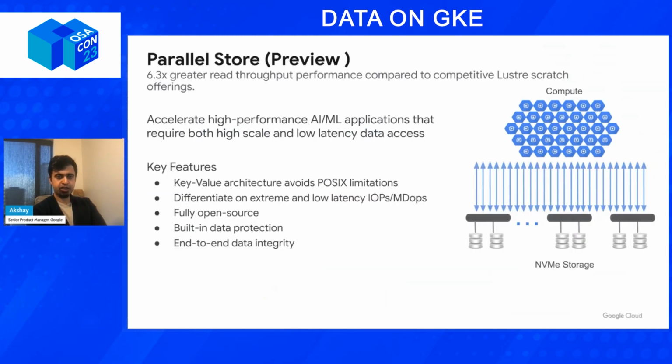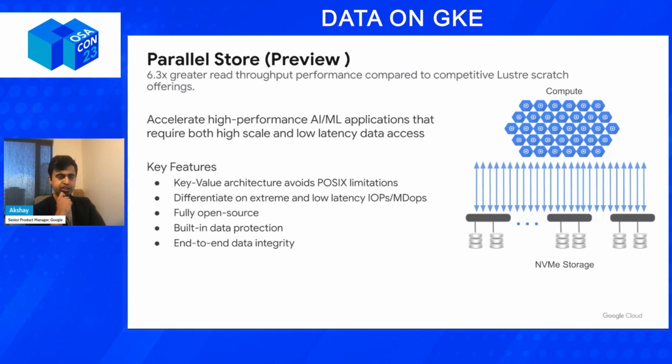Finally, the last part of the presentation is about parallel file systems. I think this is another area which is really gaining a lot of steam as AI/ML picks up. Parallel file system was commonly associated with Lustre. Lustre is a very popular parallel file system on-prem, and many cloud providers have managed Lustre solutions.